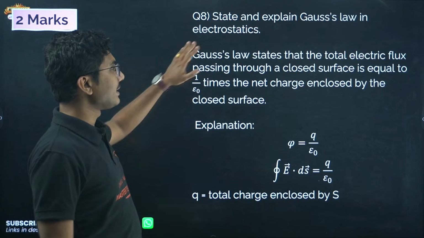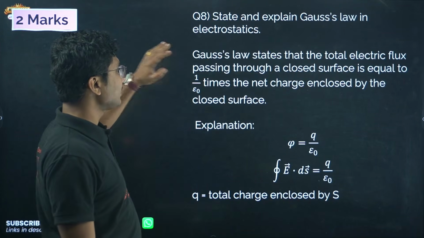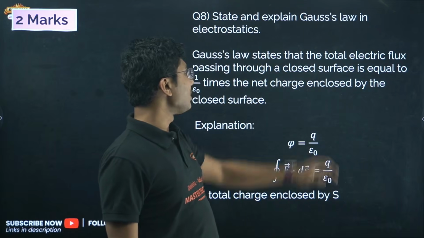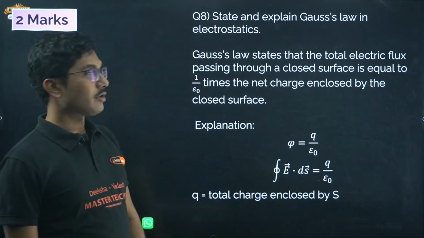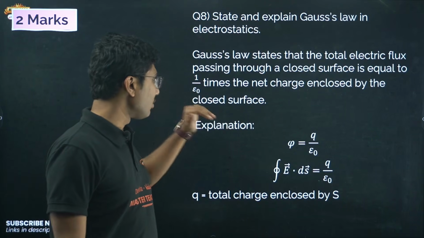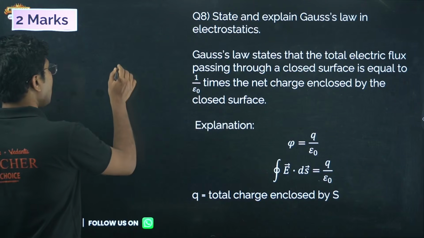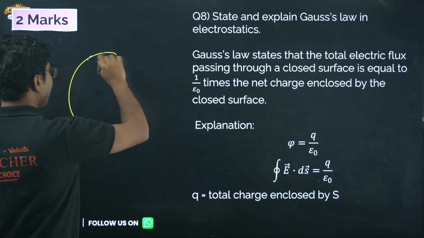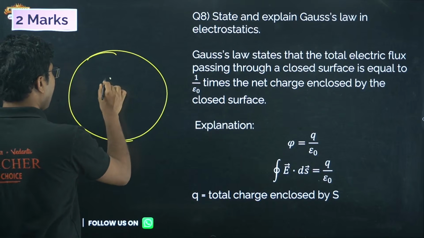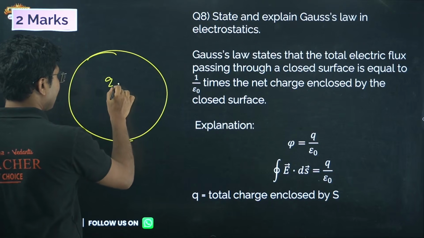Okay, Gauss's law states that the total electric flux passing through a closed surface is equal to 1 by epsilon naught times the net charge enclosed by any closed surface. Now here you have to draw a diagram saying that, okay, suppose we have a closed surface and the charge enclosed by them is say Q enclosed.